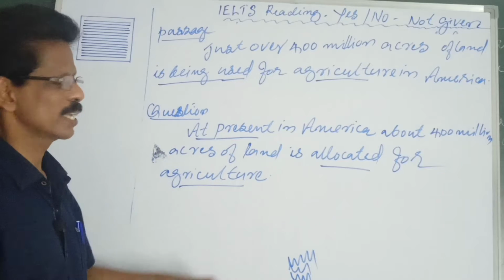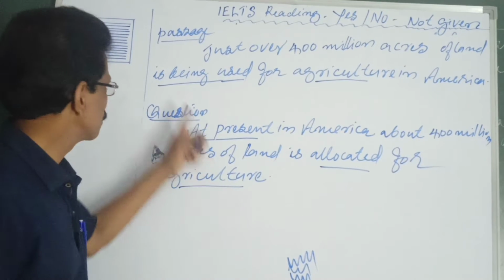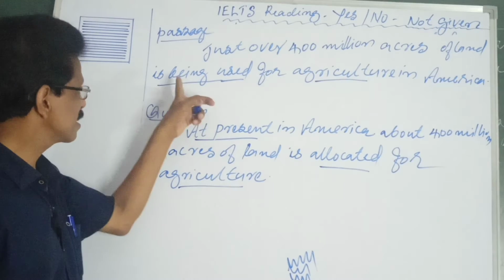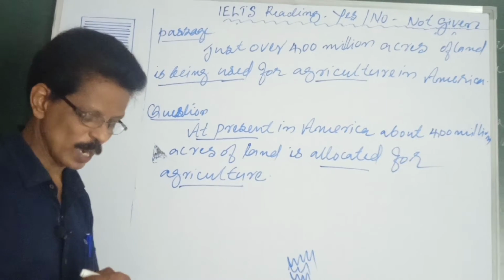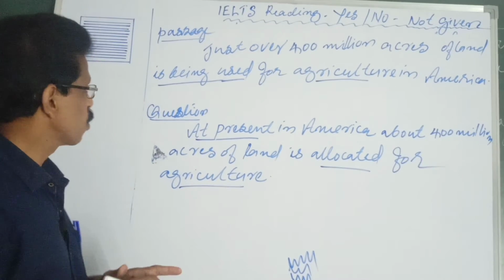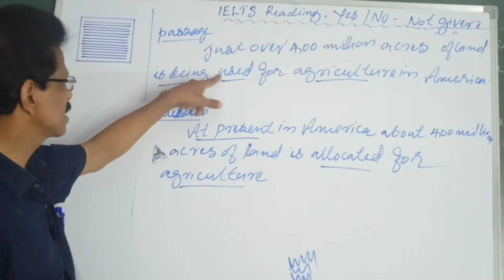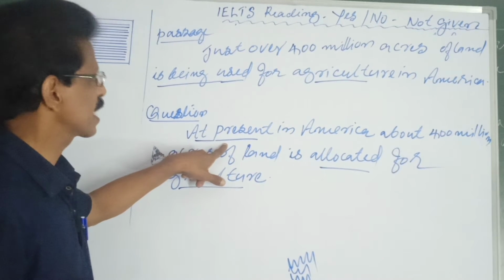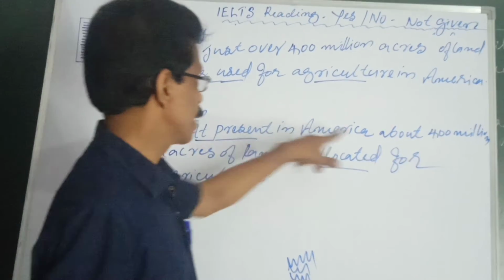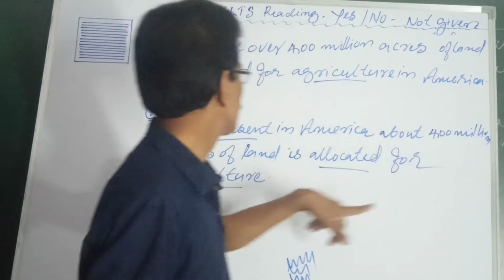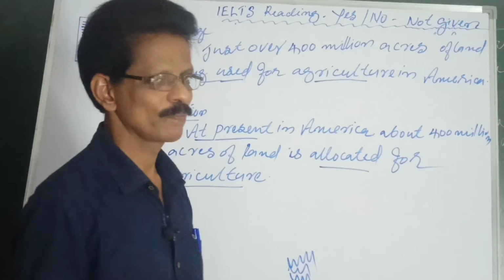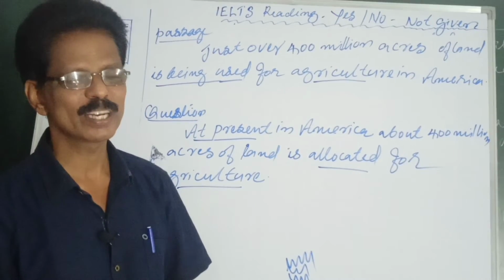Present continuous means at present. So though the words are different, it is the same as at present. One difference is there. About 400 million, but here it is just over 400 million. That is the only difference.